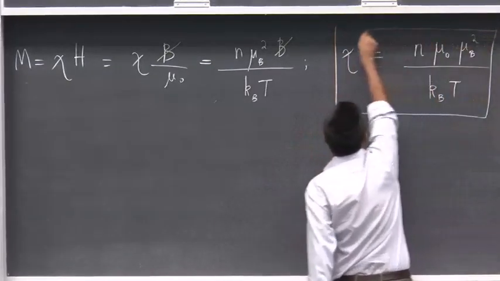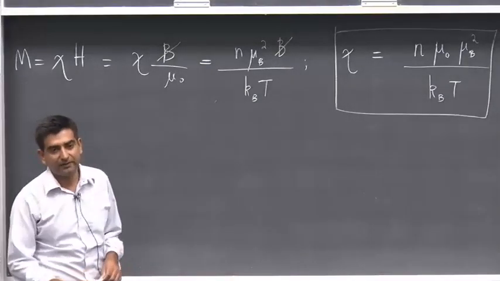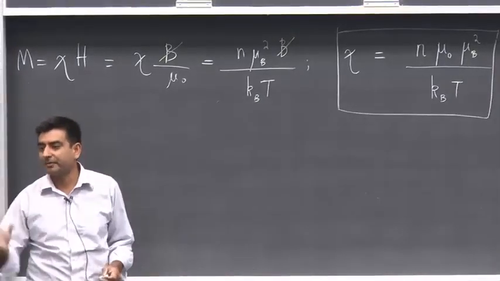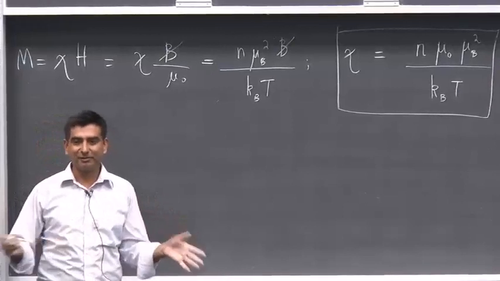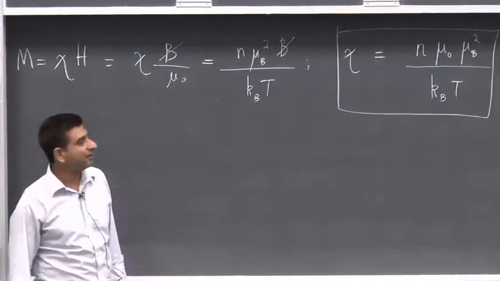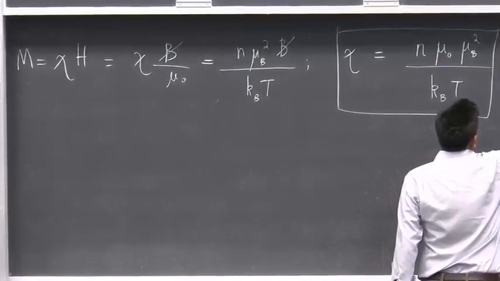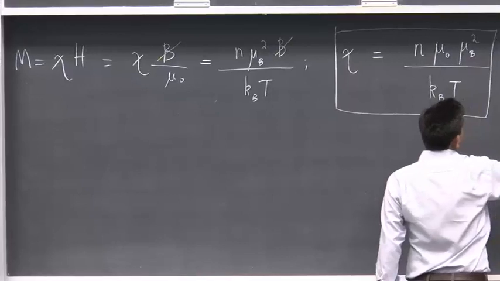So the susceptibility for a paramagnetic material is inversely proportional to the temperature. The higher the temperature, the lower the susceptibility, so the lower the magnetization. This is called Curie's law. Famous Curie's law.